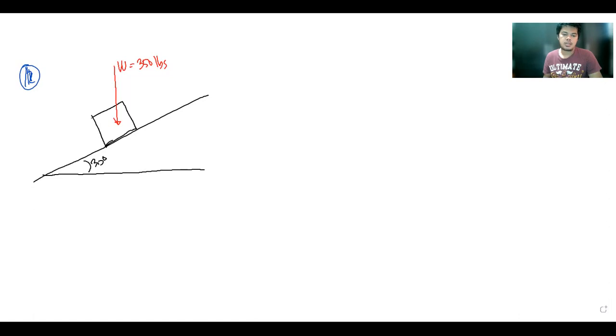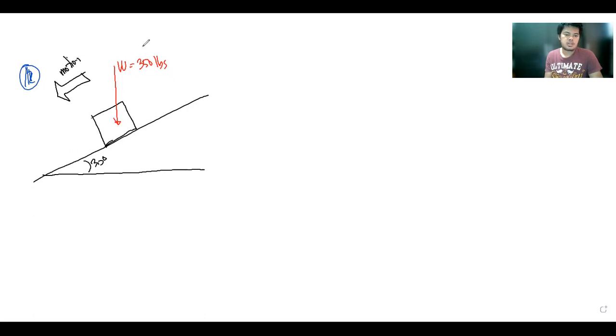Meaning a horizontal force P is needed to hold the body at rest. Without the force P, the body will tend to slide down. Therefore, the impending motion of the body is in this direction.